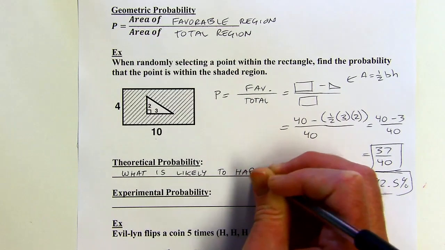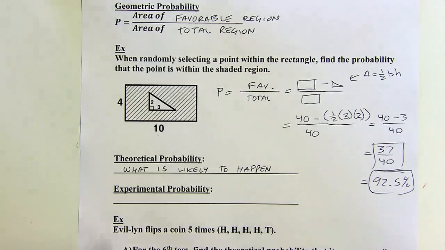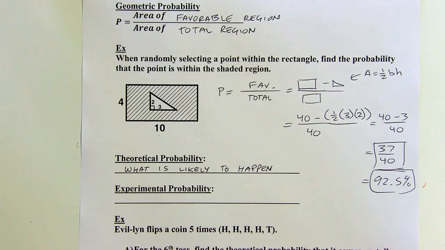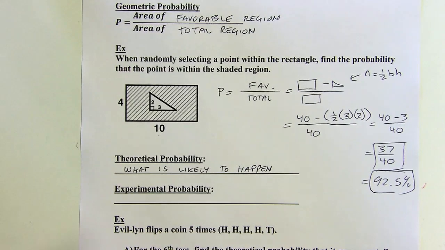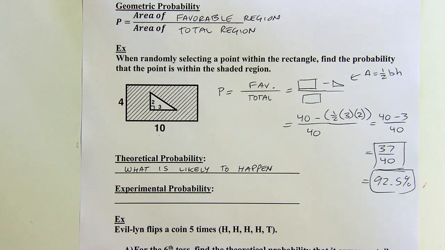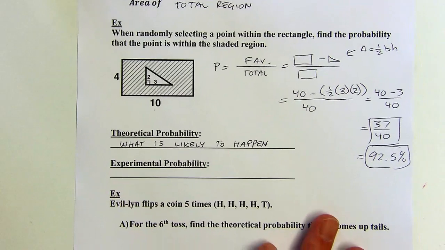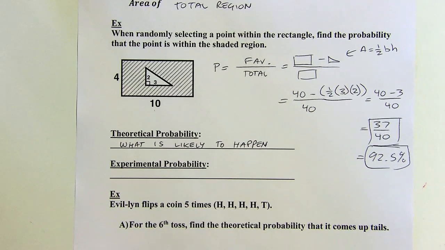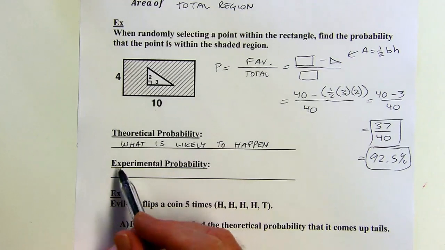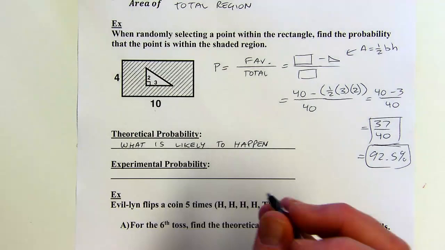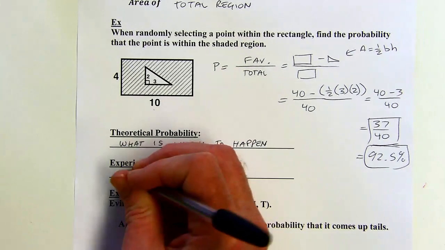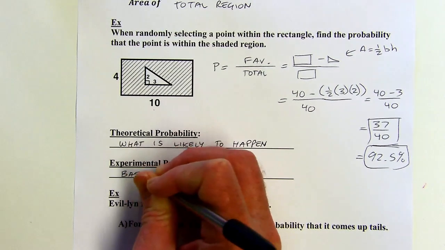Okay, so flipping a coin, we're expecting half of the time to get heads, half the time to get tails. If you actually flip a coin 4 times, it might not shake out like that, right? You might get 3 heads or 4 heads or whatever, right? So what actually happens is experimental probability. So this is based on actual trials.